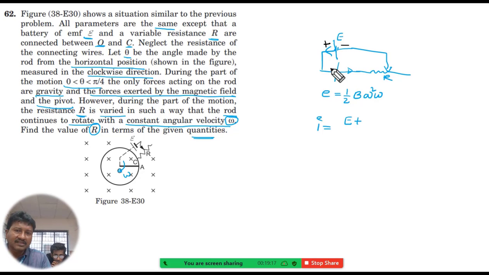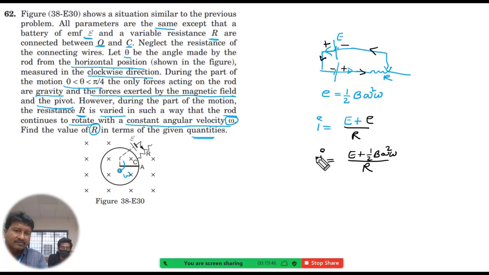So you have to add their EMFs and divide by resistance R. So the current is E plus half B A squared omega, by R. You understand this one? Yes, sir.